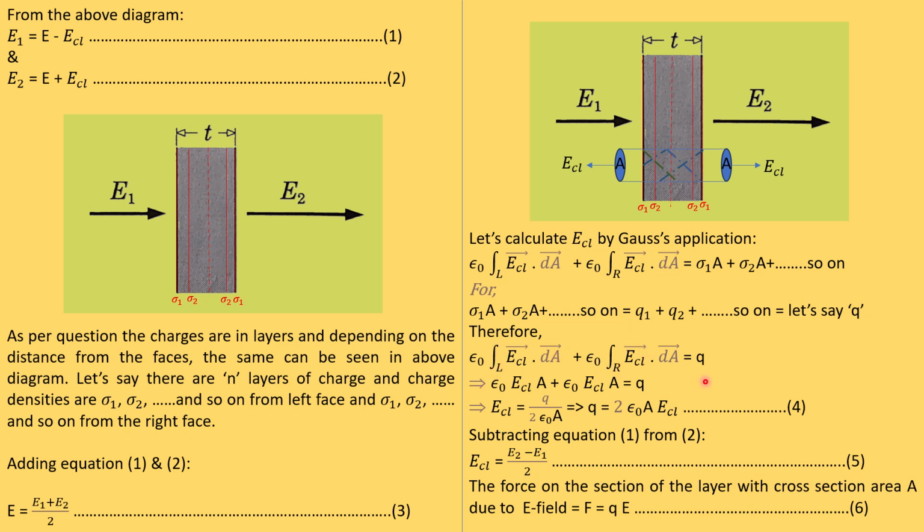Integration like this will be equal to Q. A is the cross section, so this integration will be epsilon naught ECL A. So ECL A you will be getting as Q by 2 epsilon naught A. So Q will be 2 epsilon naught A into ECL. This is your equation number 4.